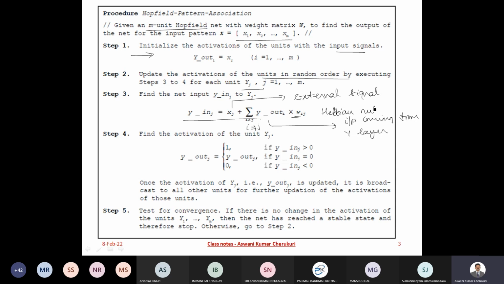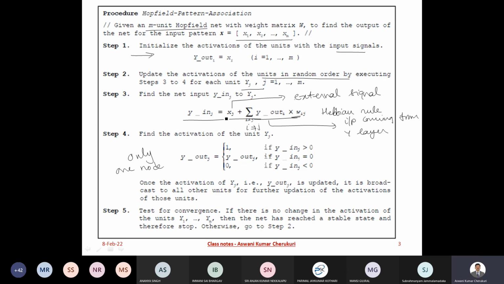If you look at the activation, the network provides the activation: if your net input to the node is greater than 0, it is 1, otherwise the remaining condition. And remember, we are updating this only on one node.